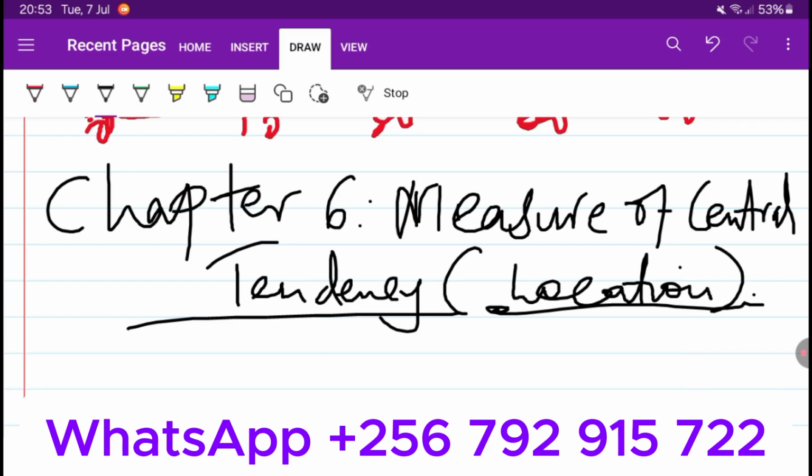You should also be able to calculate the measure of location in terms of the weighted mean, the geometric mean, the harmonic mean, and determine the median and the mode using the graphical method. And of course you should also know the advantages and disadvantages of the measures of location.